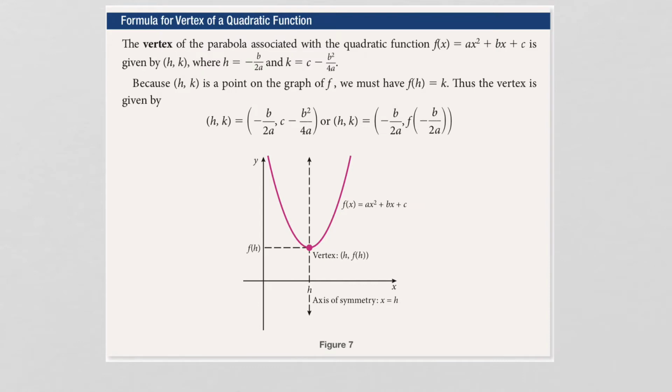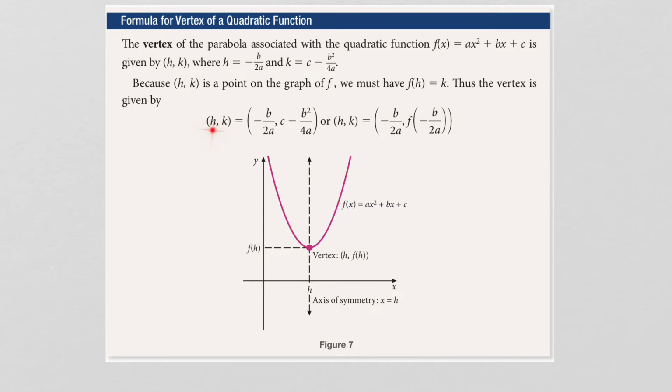Next, we're going to talk about a formula for finding the vertex of a quadratic function. So another way to get the vertex without having to complete the square is you simply take your quadratic function in the original format, ax squared plus bx plus c, and you can find the vertex by using the formula given here. So remember, we call h and k the coordinates of the vertex.